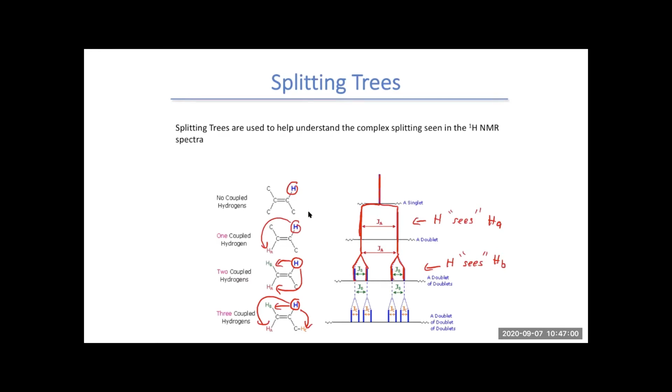When it sees HC, it again treats each one of these lines separately. It'll take our first peak and split it into a doublet, take our second peak and split that into another doublet, take our third peak and split that into a doublet, and take our fourth peak and split that into the fourth and final doublet. This happens when our hydrogen sees HC, and we end up with a double-double doublet.